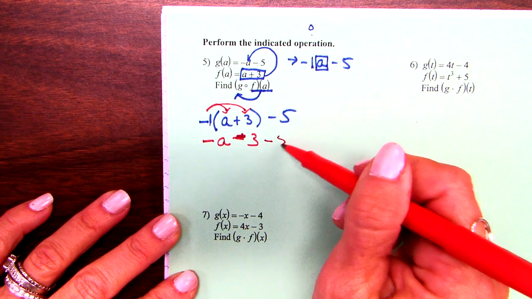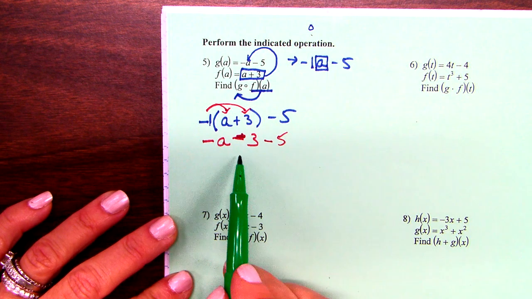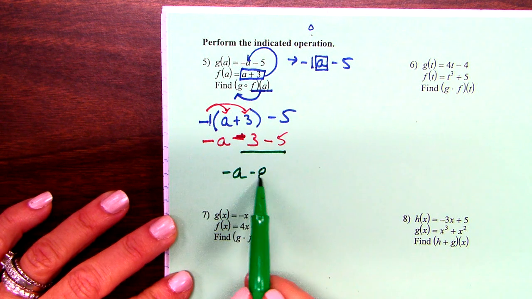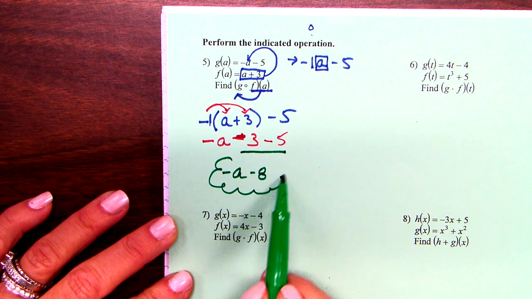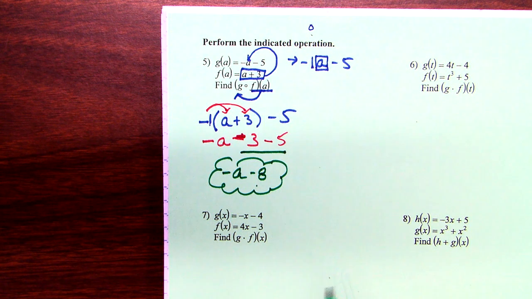Bring down the negative 5. Are there any like terms to combine? Yeah, right there. And that's your final answer. So negative 3 minus 5 is negative 8. And that's where that came from. Good?